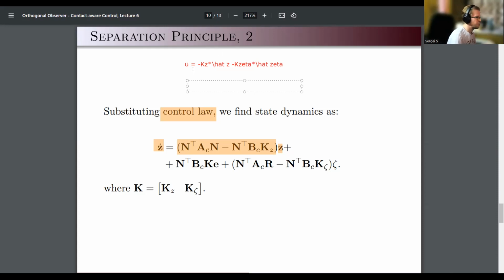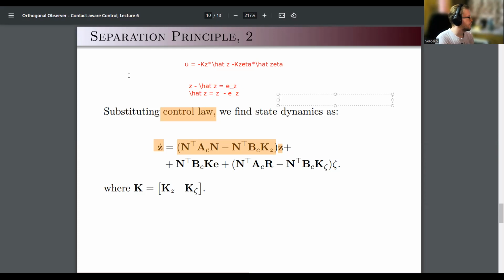So this zeta hat, right? Remember, we say that z minus zeta hat is equal to e, yes, ez. So this means that zeta hat would be equal to z minus e. Yes, z minus e.